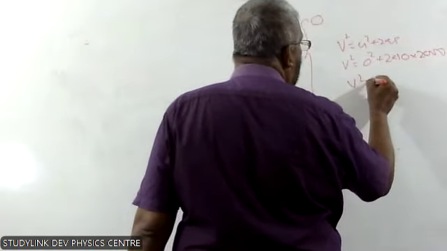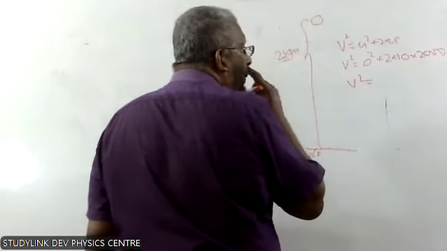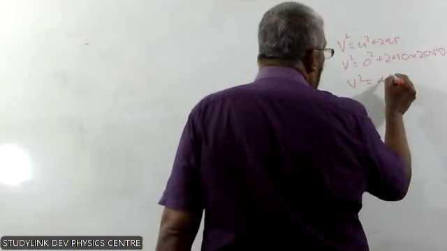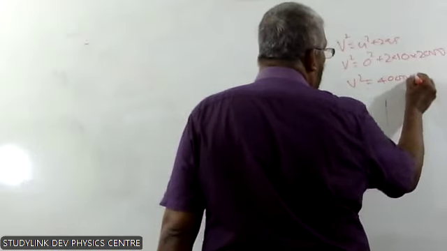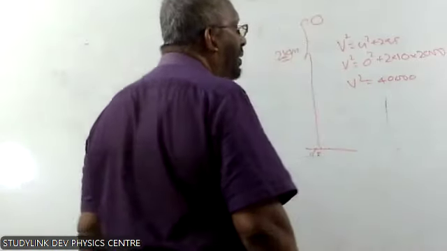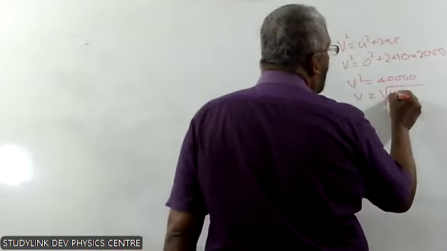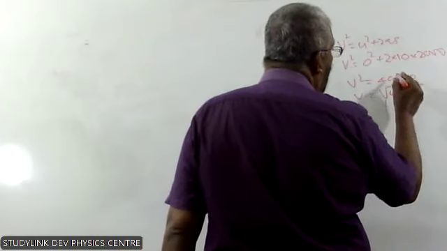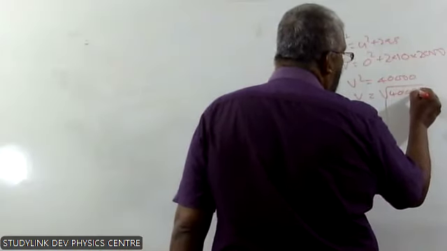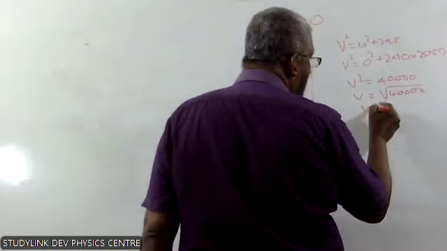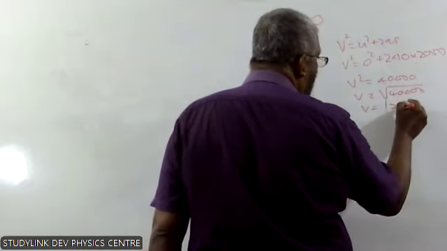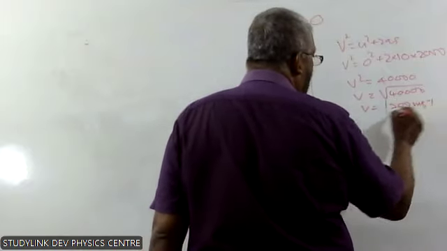So V squared is equal to 40,000, so V is equal to the square root of 40,000. That means V is equal to 200 m/s.